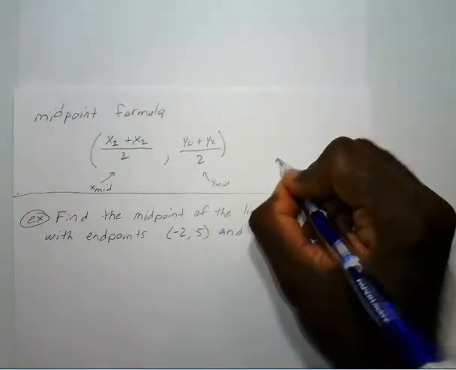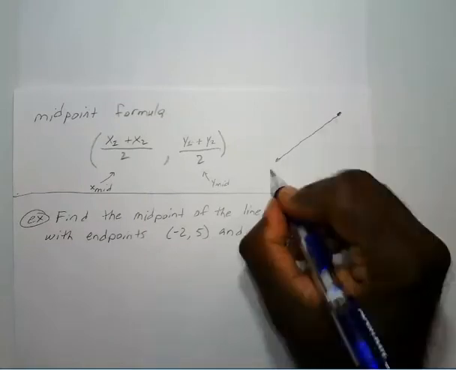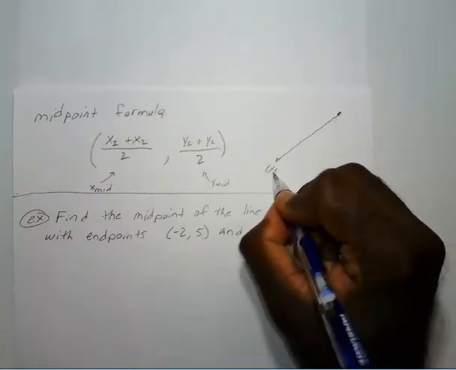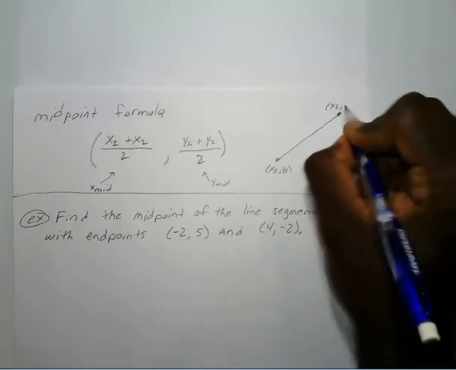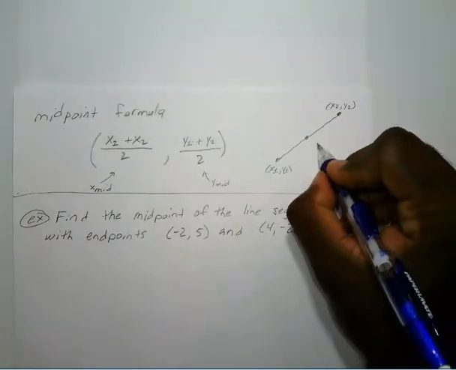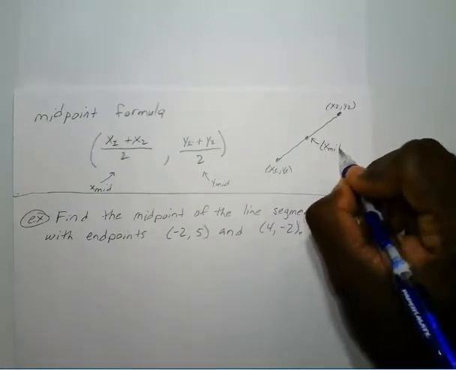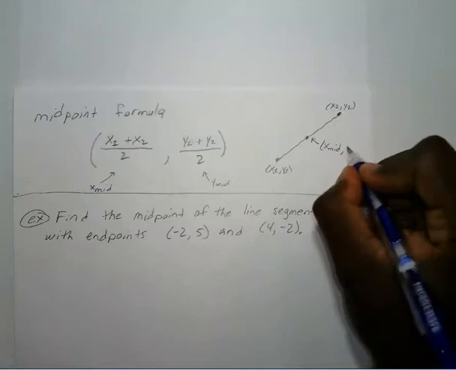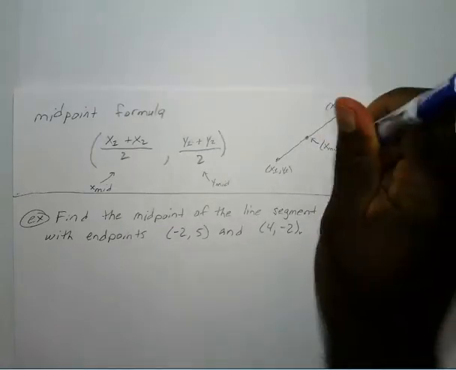So the idea behind the midpoint formula is, once again, if you have your points (x1, y1) and (x2, y2), your midpoint is the middle of your x and your y.